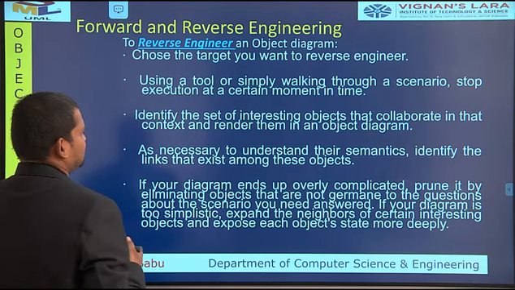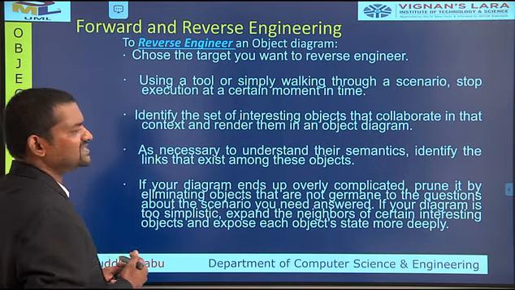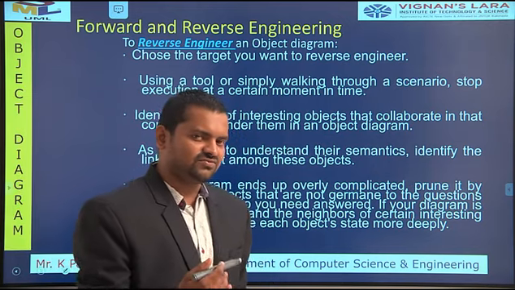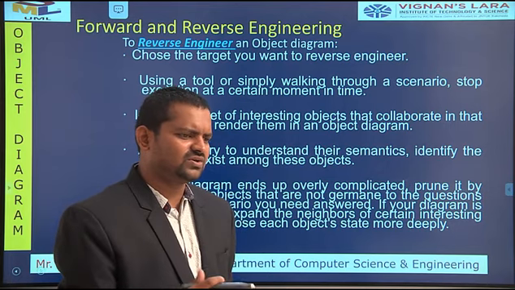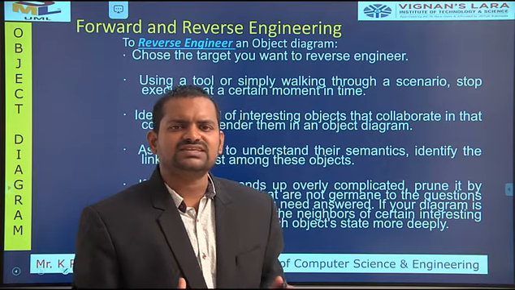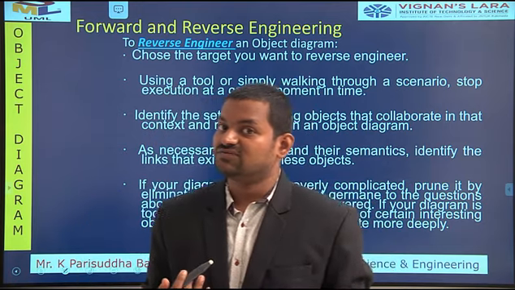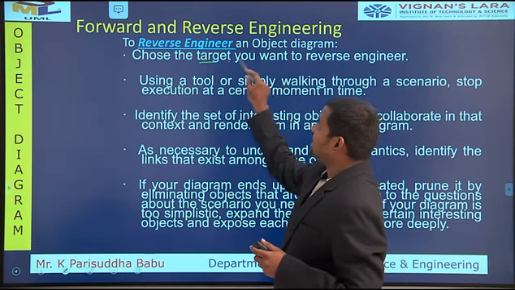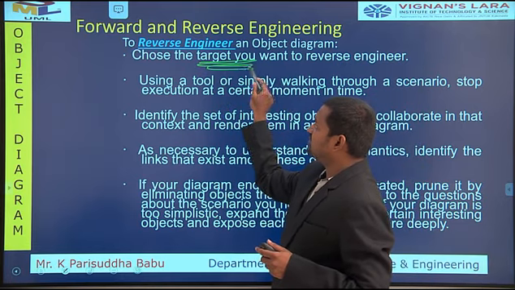Choose the target you want to reverse engineer. Forward engineering is normal; you can do it with the help of present objects. What is reverse engineering? First of all, we have to find the target. What is the target language?